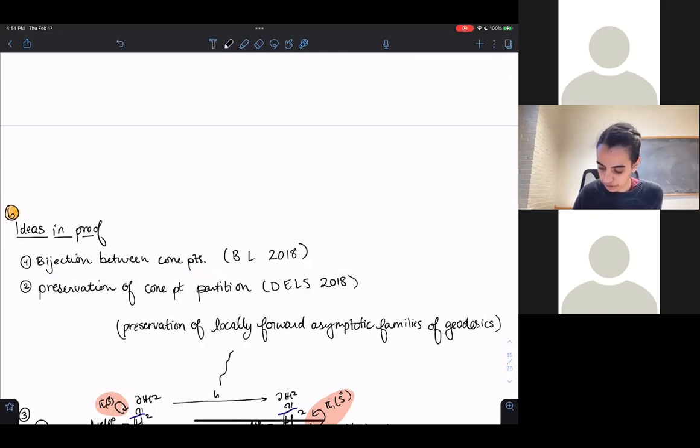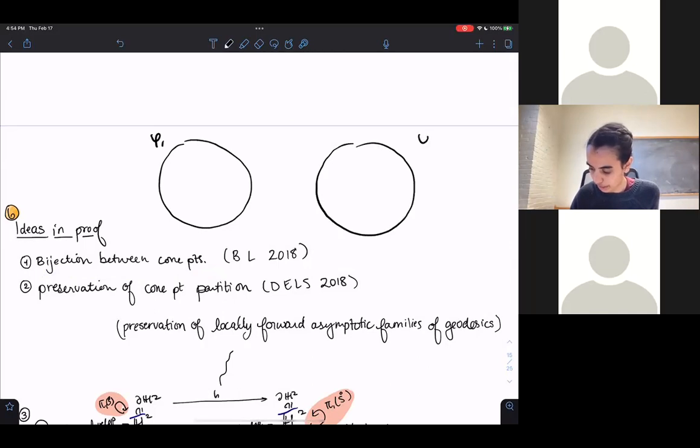You look in the universal cover, and let's say this is with the first metric and this is with the second metric. Let's say you have a cone point here, and you would like to show that there's a corresponding cone point over here. That's what we would like to show. What we do is find a sequence of non-singular geodesics that converge to a singular geodesic that makes angle pi on one side like this.